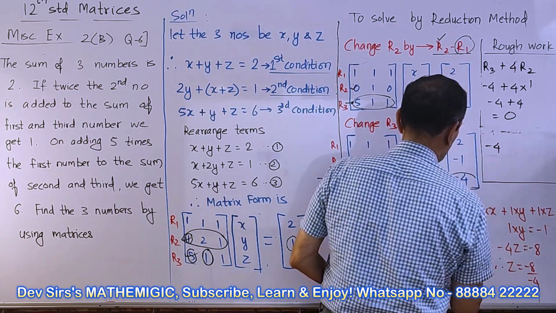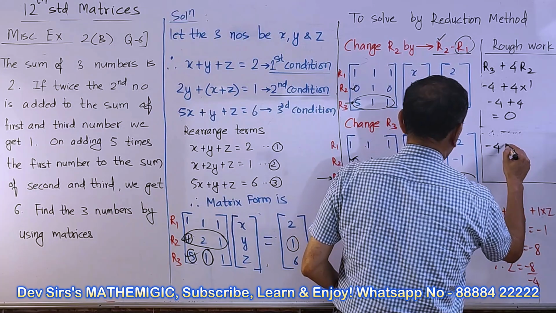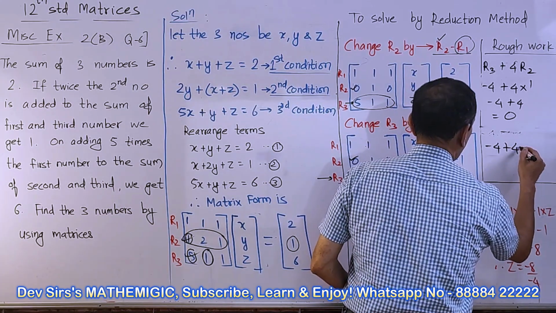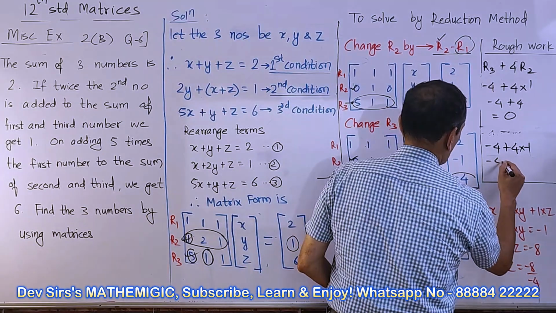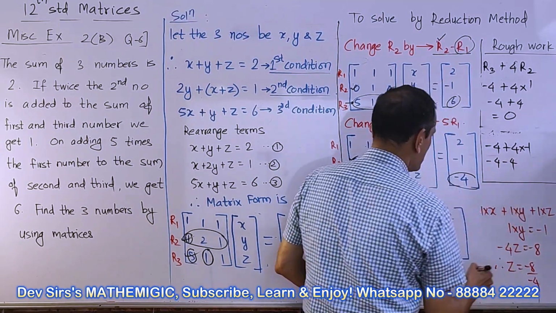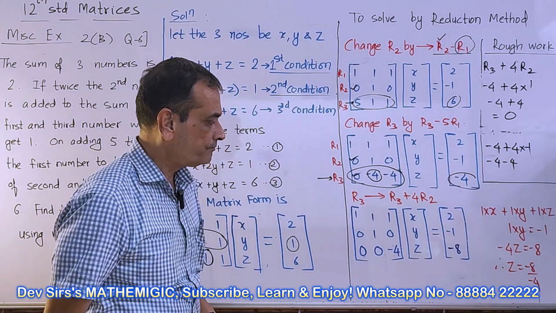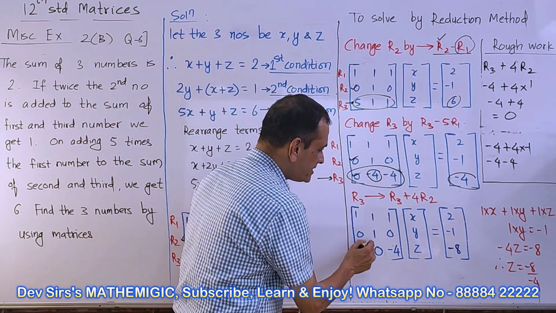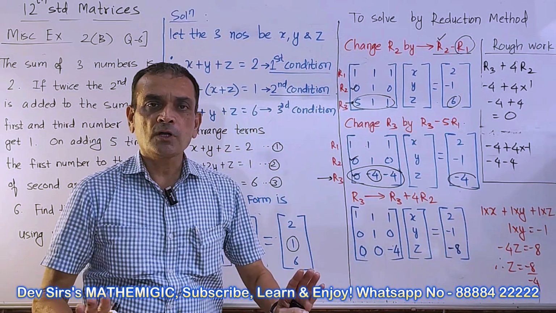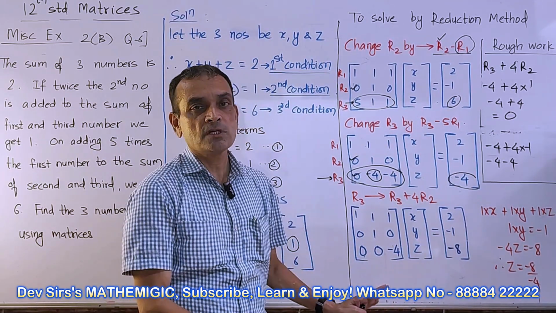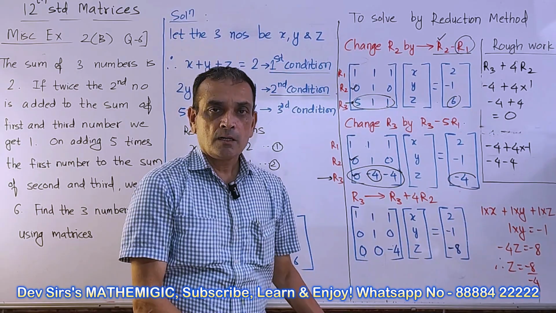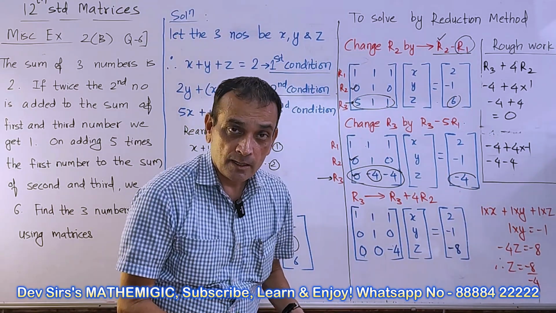-4 plus 4R2, 4 into -1, so -4 into -1 is -4 यानी -8 आ गया। So as soon as you get 3 zeros here, stop the row transformations. Thankfully, row transformation is a cumbersome method, but लेकिन अगर पूछा तो करना पड़ेगा.